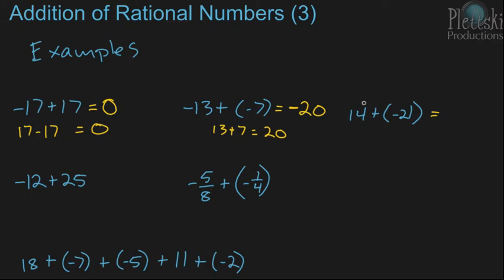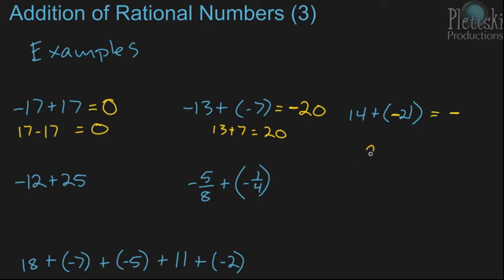So 14 is going to be 14 units away from 0, and -21 is 21 units away from 0. So -21 is farther away from 0. So our answer is going to have whatever sign that term has, which happens to be negative. So our answer will be negative. And then you take the difference of both numbers, or the difference of the absolute values of both numbers.